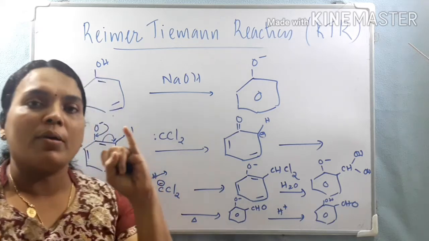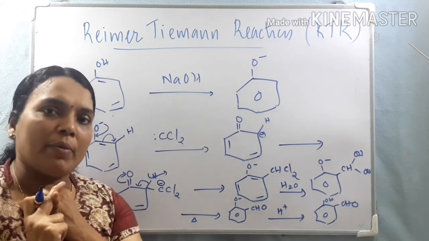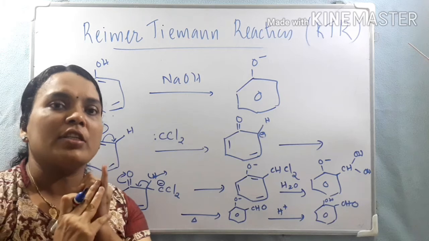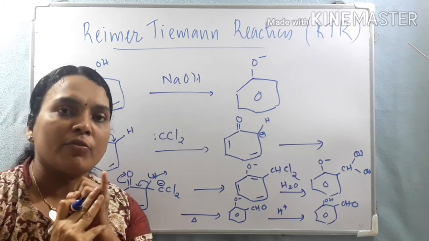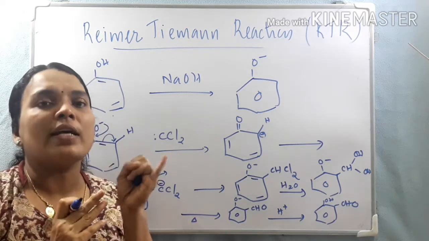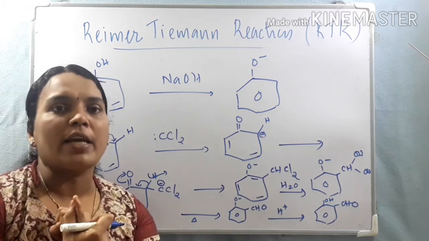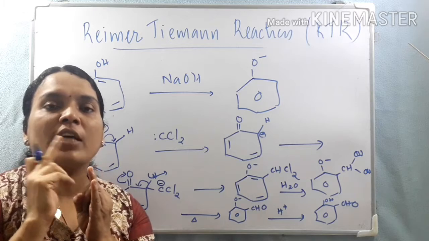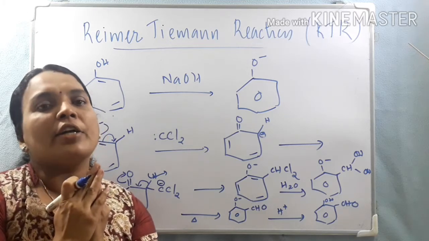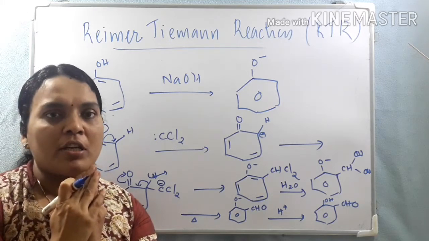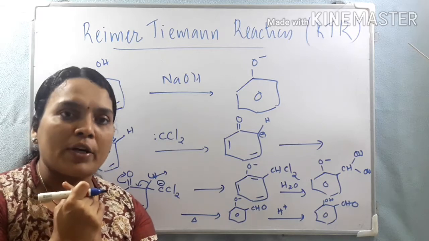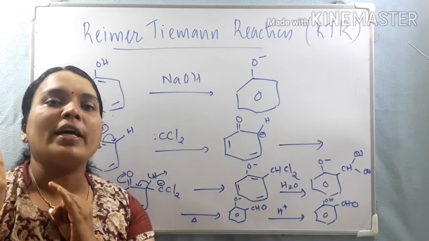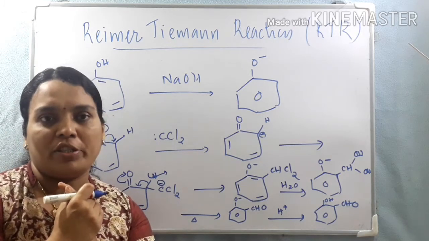That means you have to remember that the Reimer-Tiemann reaction is a characteristic reaction for phenol as well as some heterocyclic compounds like pyrrole or indole. Here an aldehyde group is substituted, that is, in the case of phenol, hydroxyaldehyde formation. Similarly in the case of heterocyclic compounds, formylated heterocyclic compound formation.